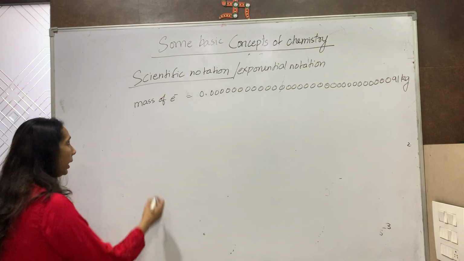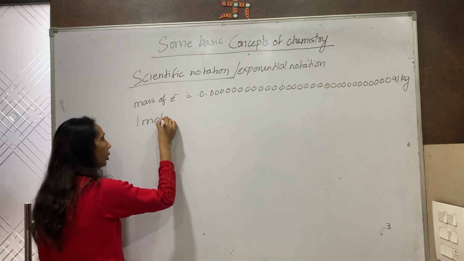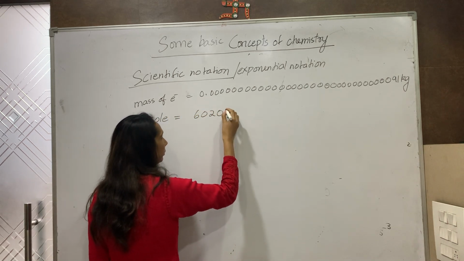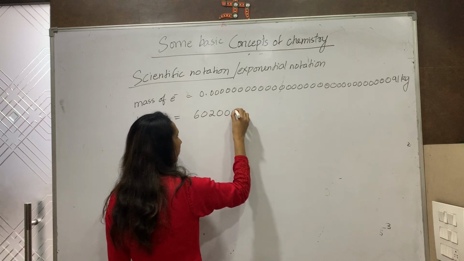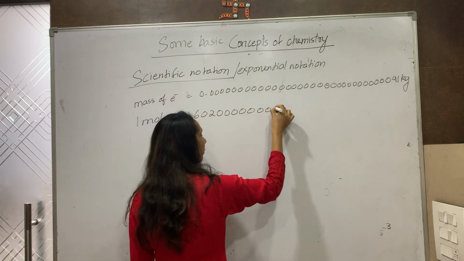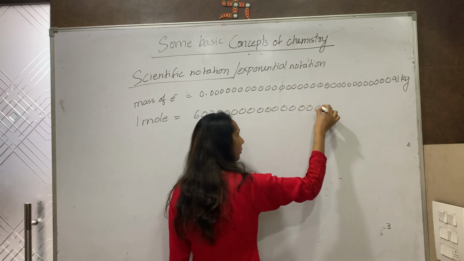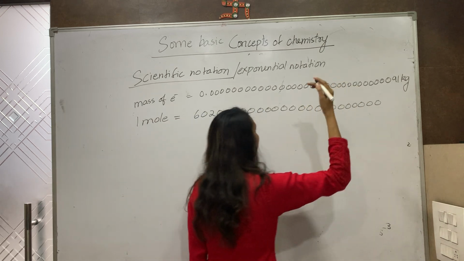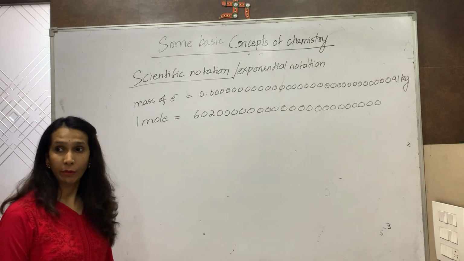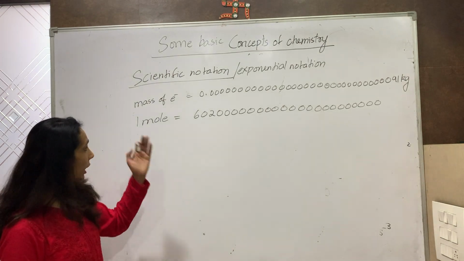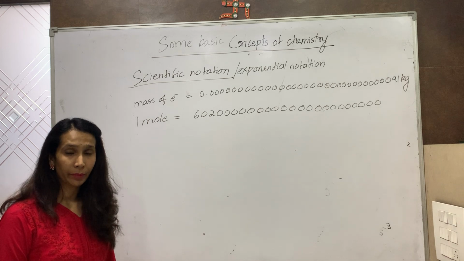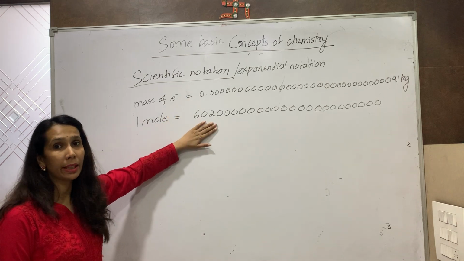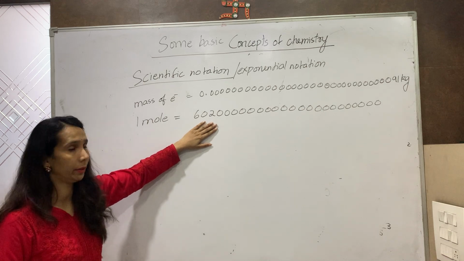Or when I say 1 mole, you know that 1 mole is equal to this much. Can we read such numbers? Is it possible to write such numbers? So it is better we write these small numbers or big numbers in scientific notation.